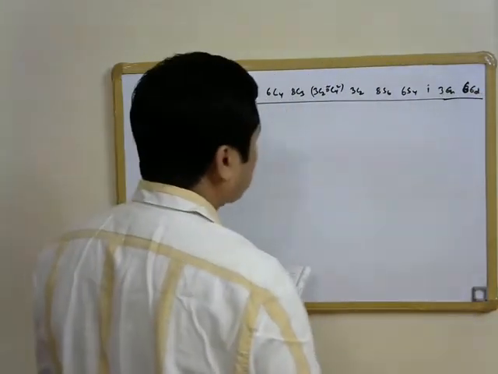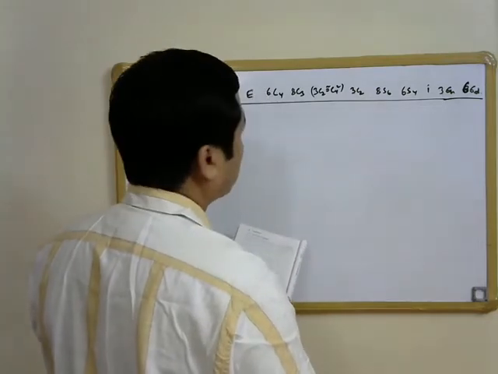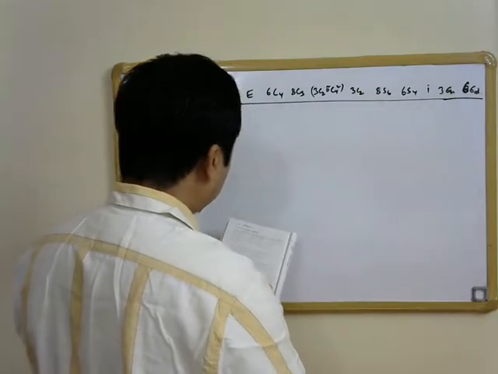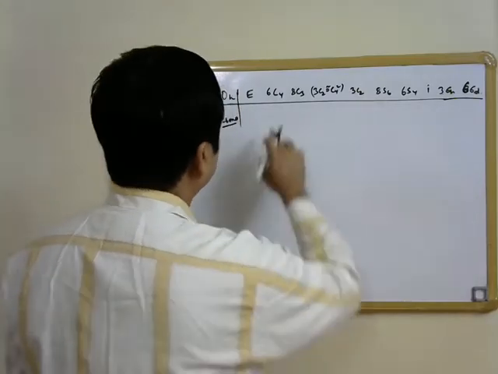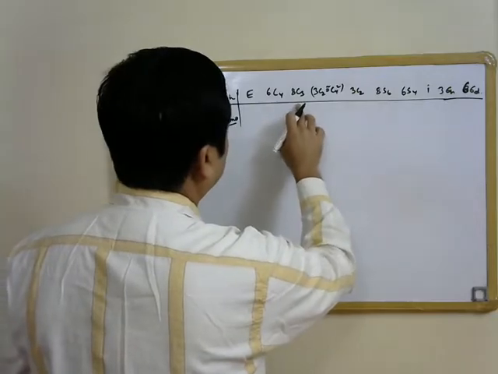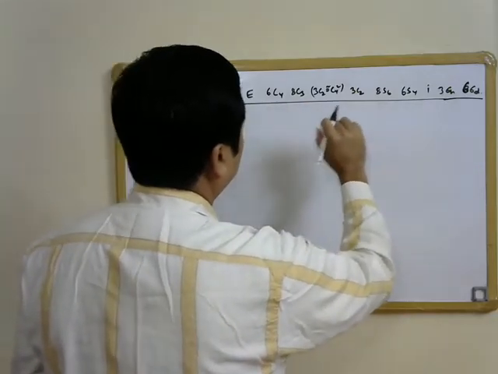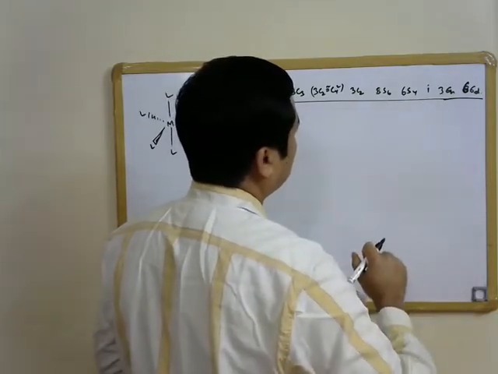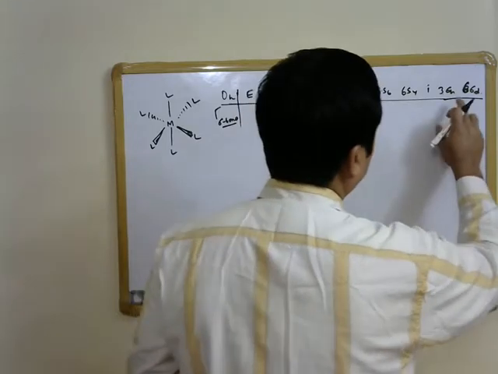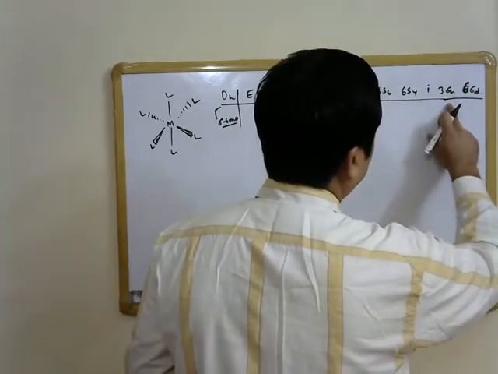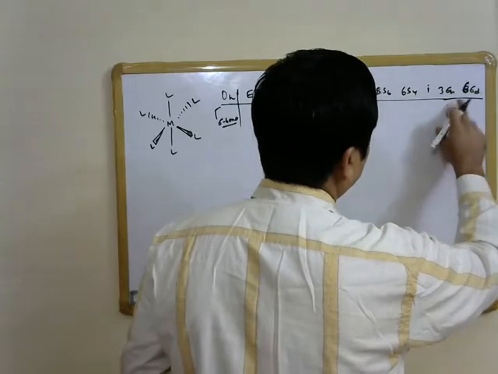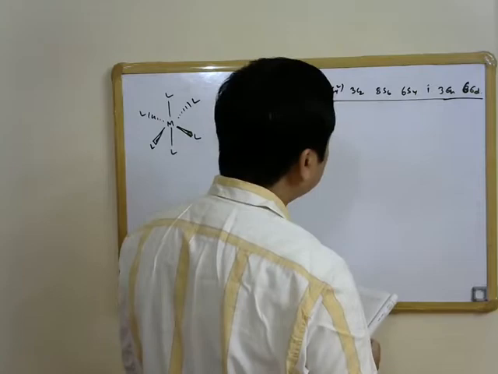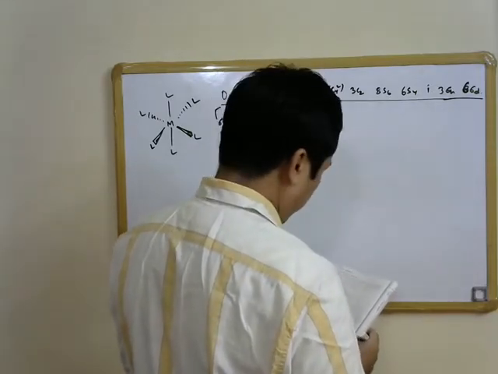So we have 7 plus 15 here, 15 plus 3, 18, 18 plus 3, 21, 21 plus 8, 29, 29 plus 6, 35, 36, 36 plus 3, 39, 39 plus 6, 45 here. So we are missing a few symmetry operations here.